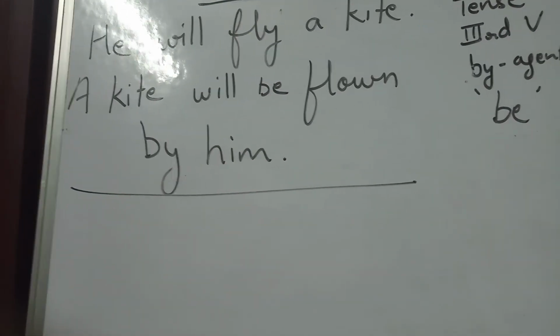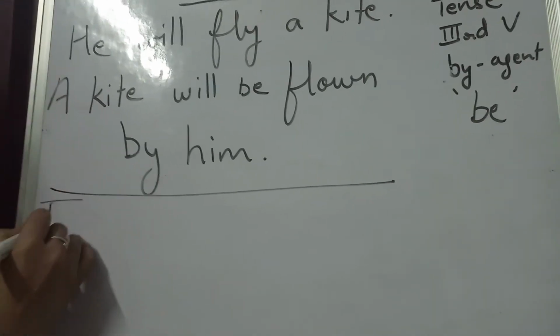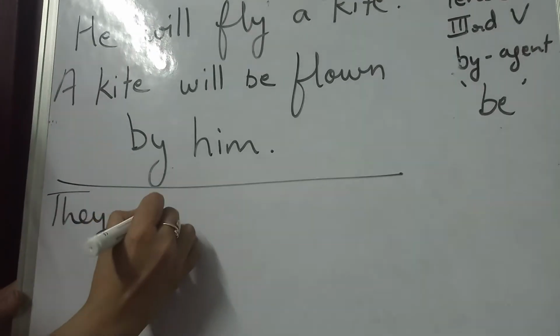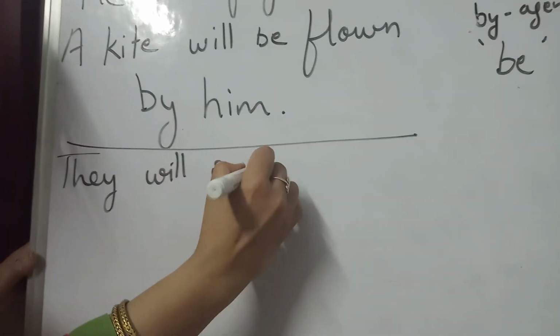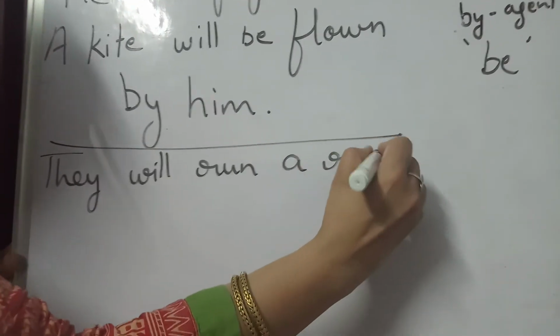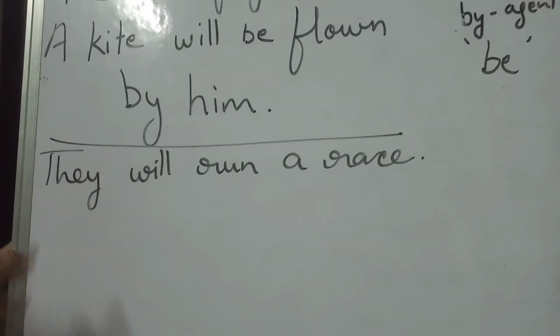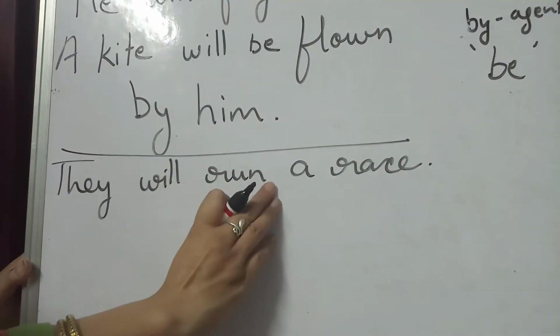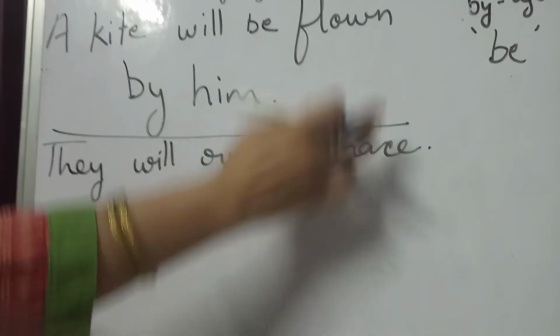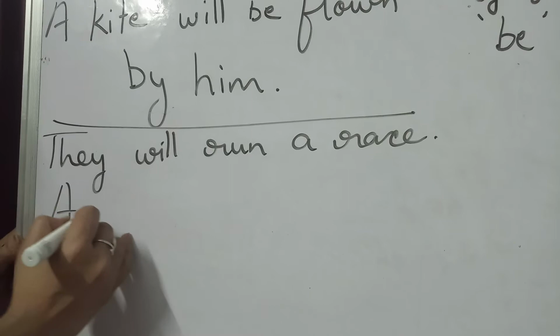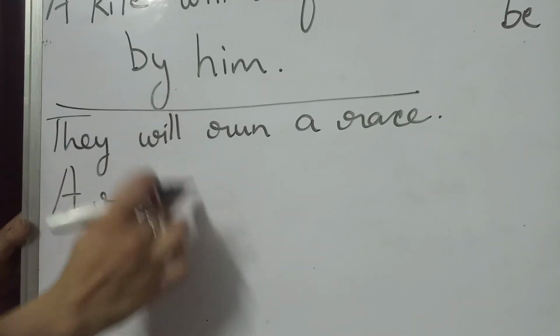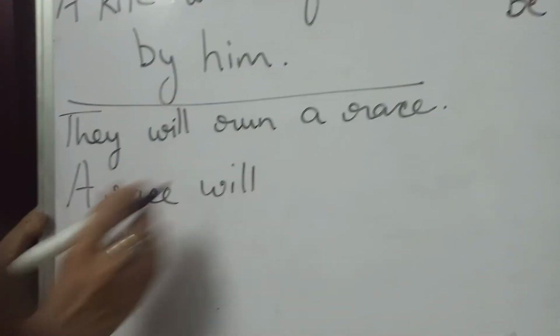Now the next we take: they will run a race. Now subject, verb, object. Now the second rule, a crisscross, a race. Future, will.